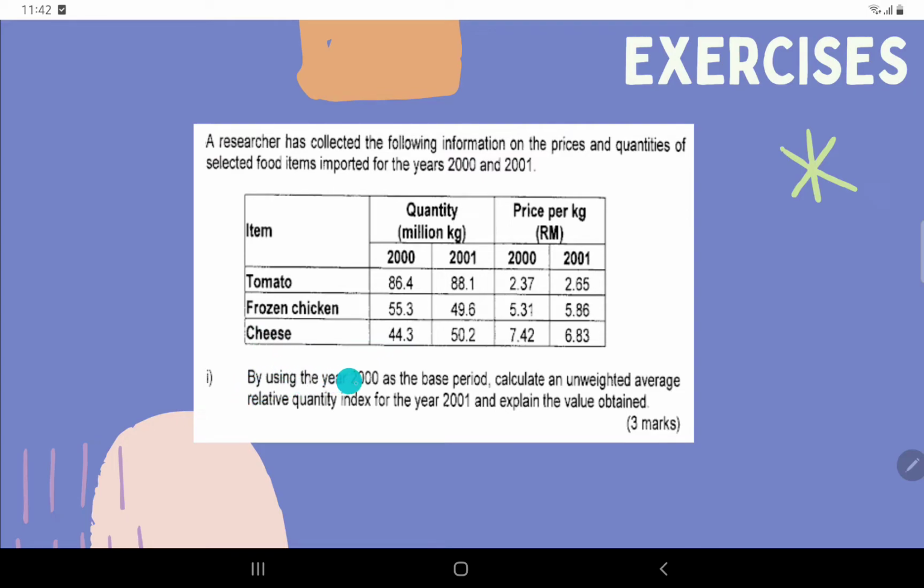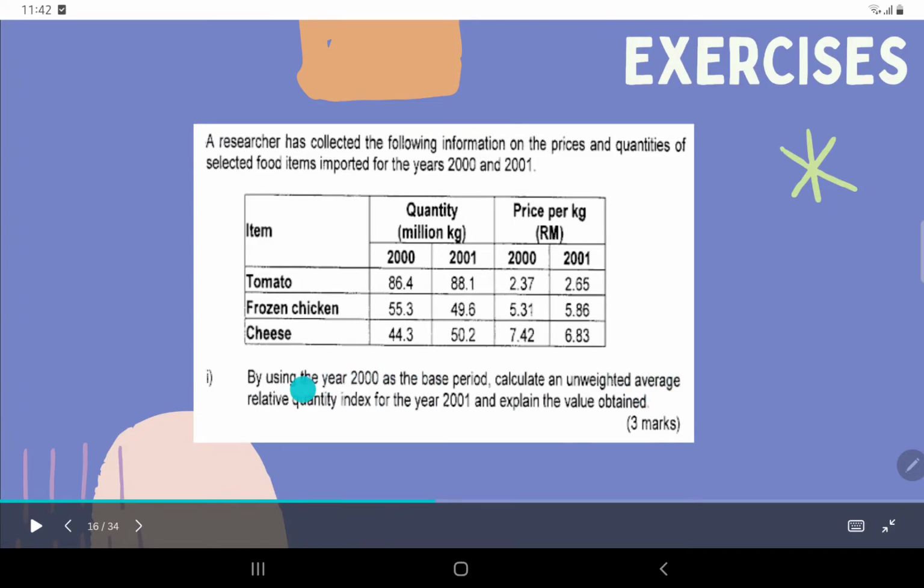So by using the year 2000 as the base, so 2000 is our base period, so this is the base year, and then we need to calculate an unweighted average relative quantity index, okay, quantity index only for the year of 2001, and explain the value obtained.